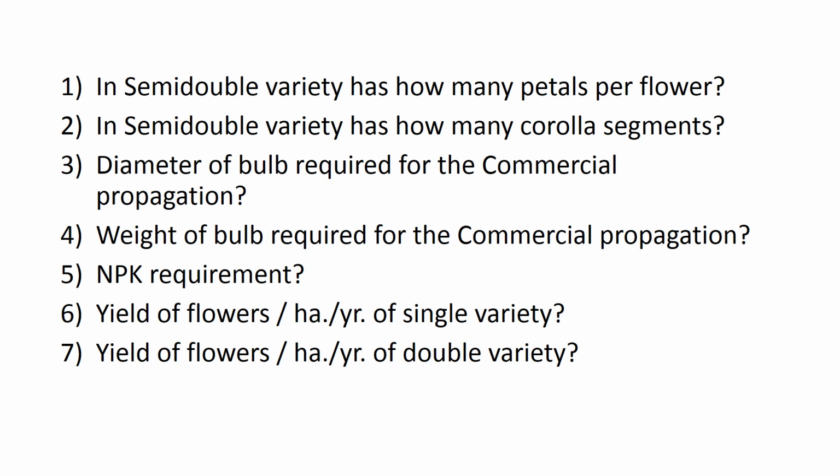And calyx is the green part of the flower. Unit is sepal. You should remember that. Then diameter of bulb required for commercial propagation, weight of bulb required, then NPK requirements, then yield of flower, single variety, double variety. Some new questions are there. You should remember those answers.